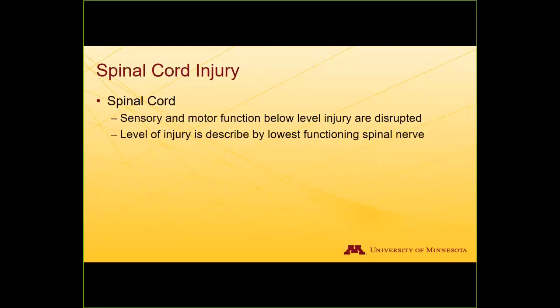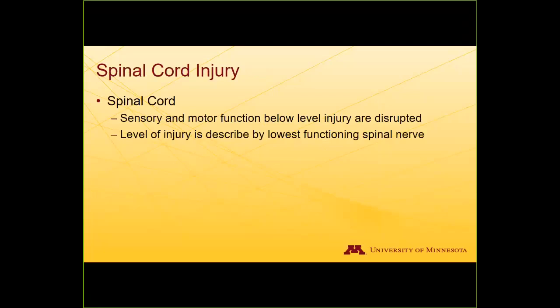And the way that we in rehabilitation go about describing spinal cord injuries, so when you hear someone being described as having a C6 or a C7 or a C5 quadriplegia, for example, is that we name them according to the level of the lowest functioning spinal nerve.